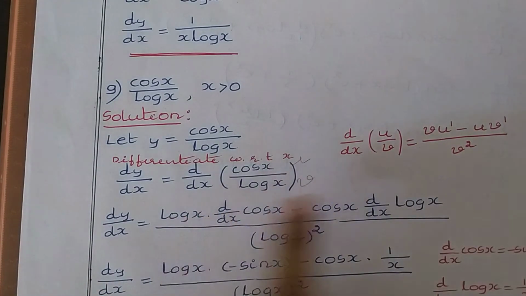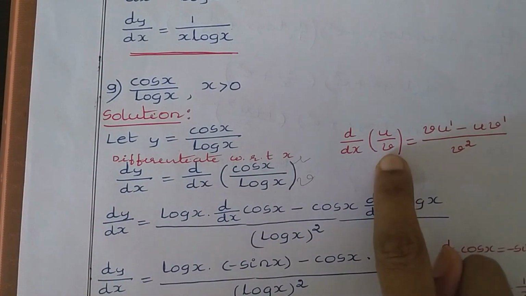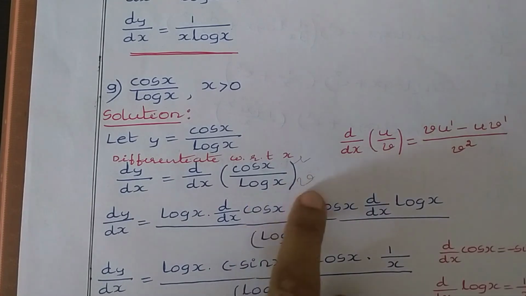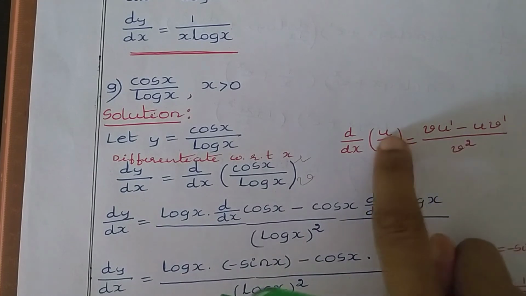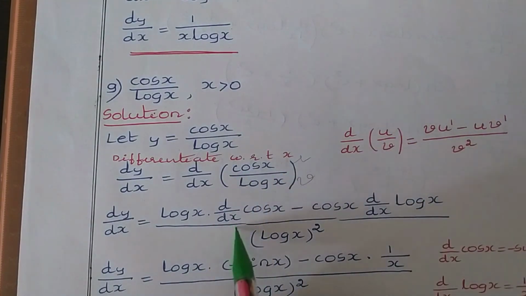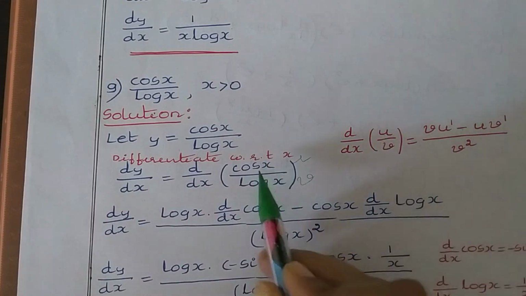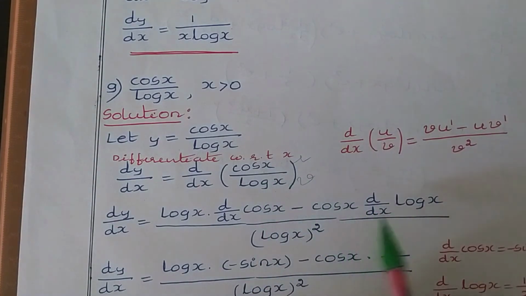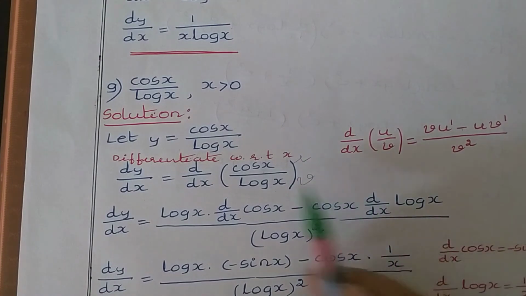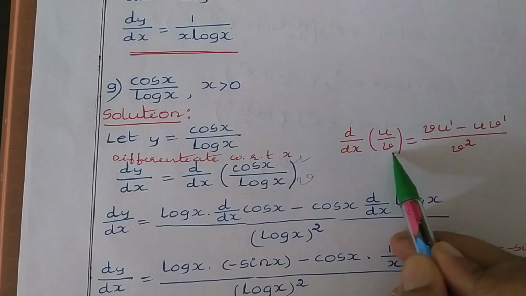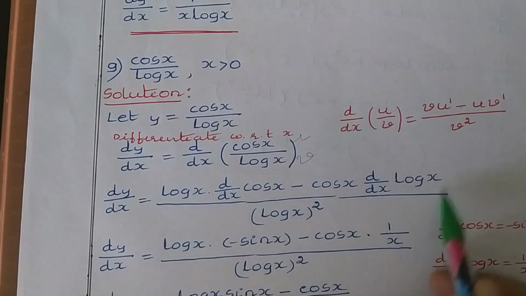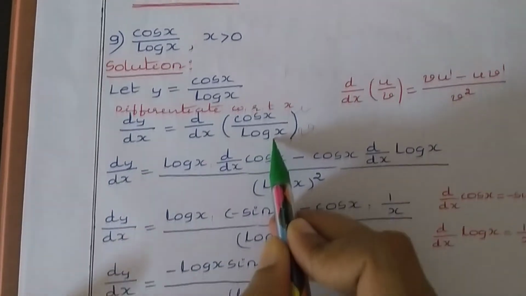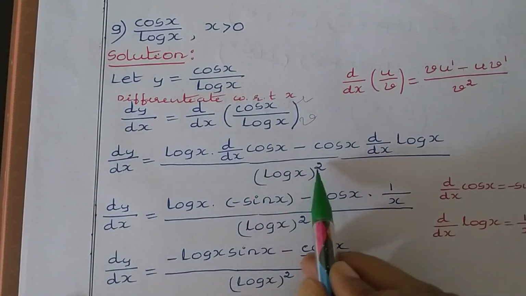We get v, the denominator, written as it is, log x, into the derivative of the numerator, d by dx of cos x, minus u, the numerator as it is, cos x, into the derivative of the denominator, d by dx of log x, divided by v square, the denominator square, so log x whole square.